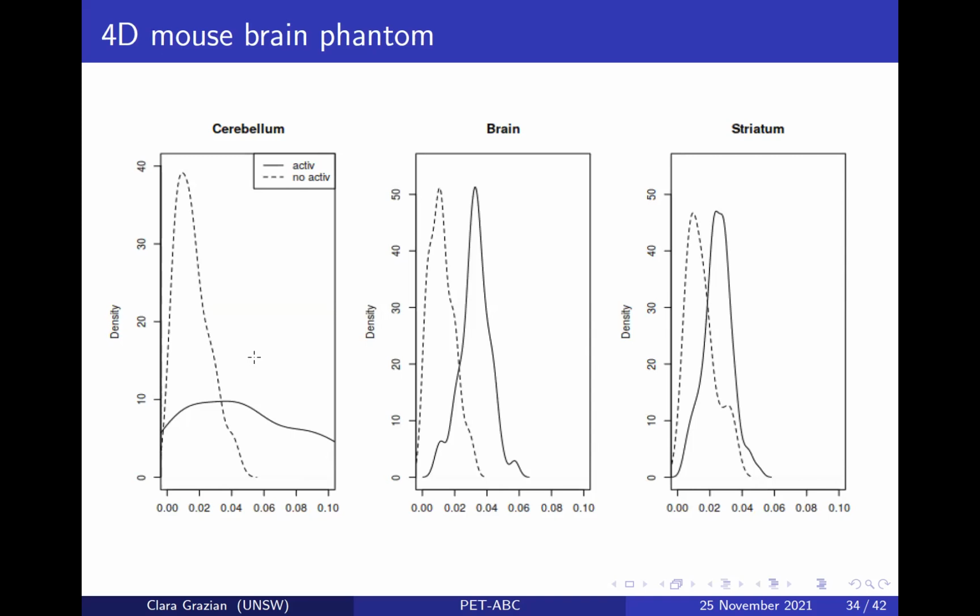Again, it is possible to observe false positives or false negatives. When we observe activation in the cerebellum, where we're supposed to not observe activation of the drug, we obtain that when there is no time activation, the posterior distribution is quite concentrated around 0.